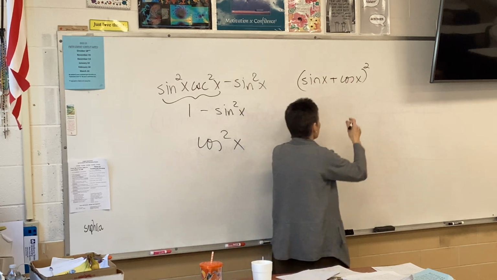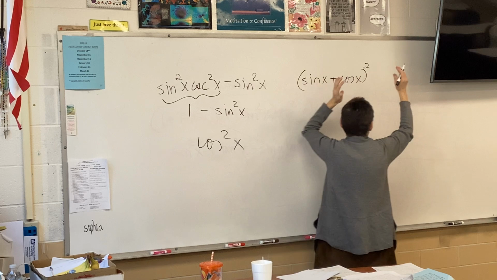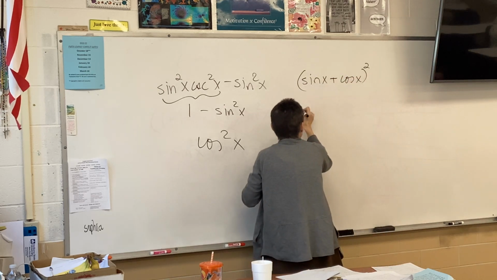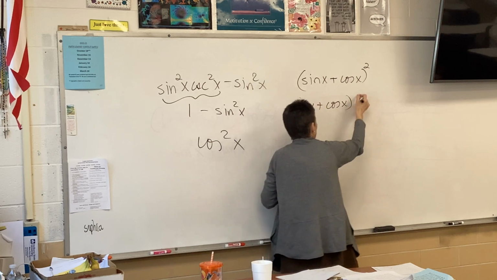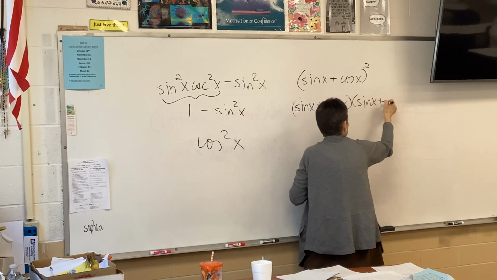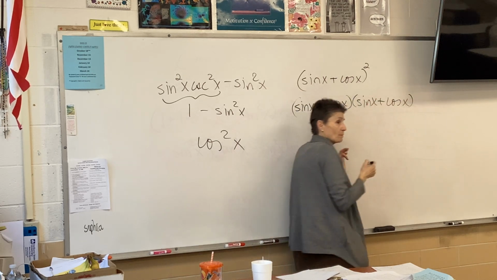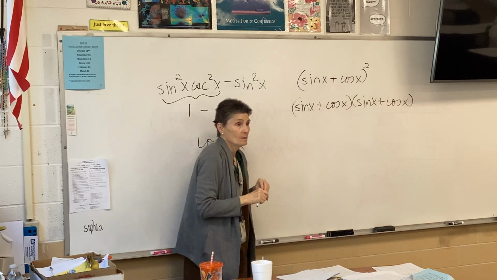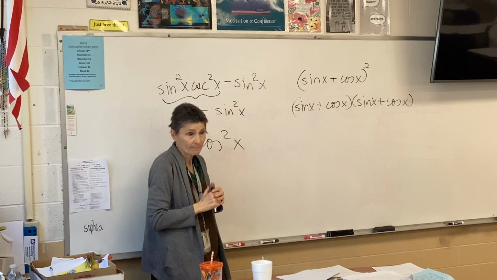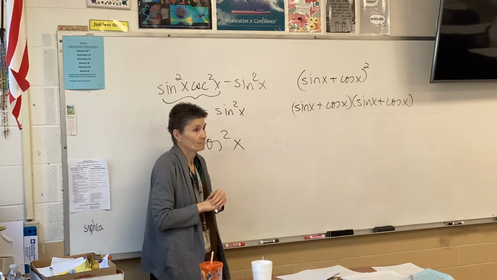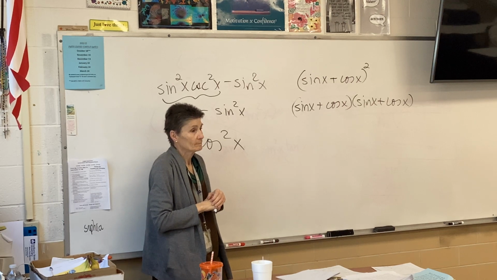But I am squaring this parentheses. So doesn't that mean that I am multiplying the parentheses times itself? Isn't that what that means? So what are you going to do with that? Foil it, yep. Start foiling.